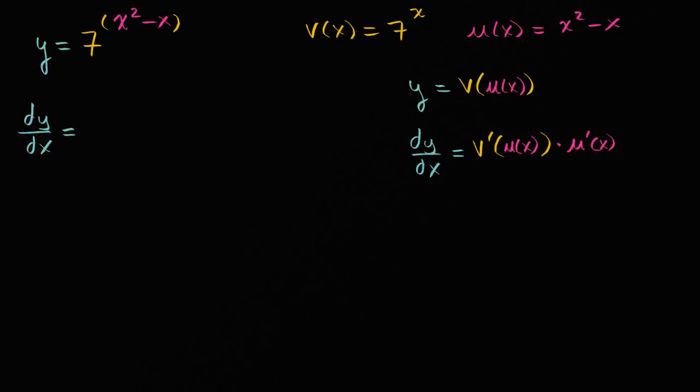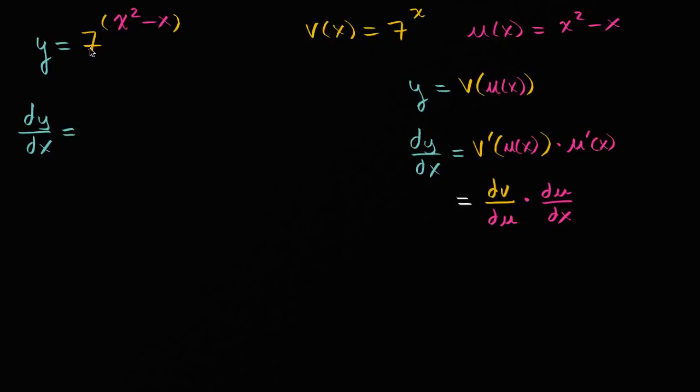Or you could say that this is equal to the derivative of v with respect to u, dv du, times the derivative of u with respect to x. And so either way, we can apply that right over here.